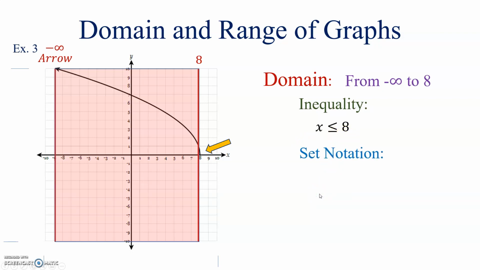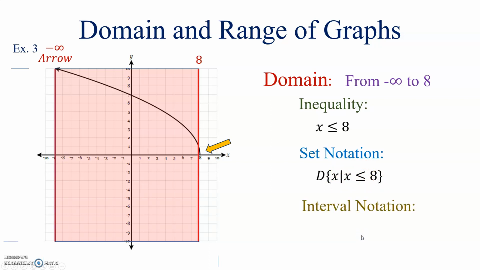Now let's put it in set notation. As you saw previously, you just pick up where you left off with the inequality. The domain is the set of all x's such that x is less than or equal to 8. I'll say it again. The domain is the set of all x's such that x is less than or equal to 8.